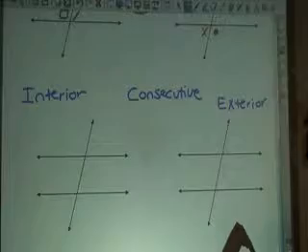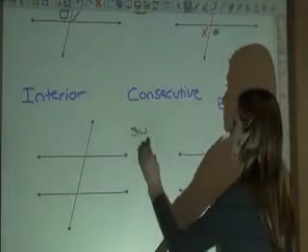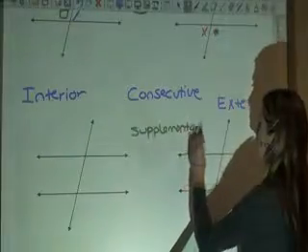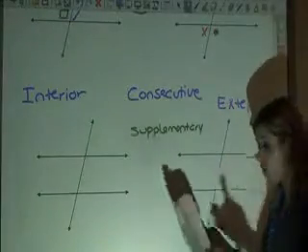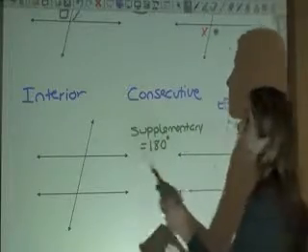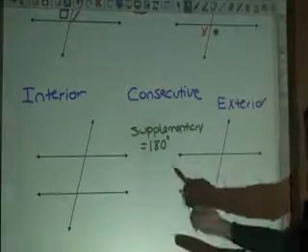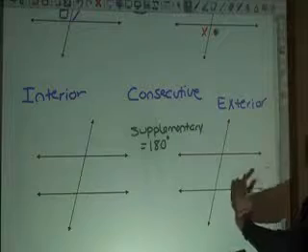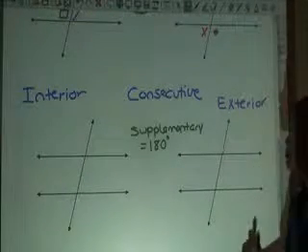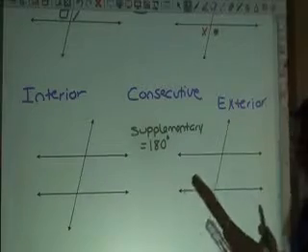They are supplementary. And we remember that supplementary means equal to 180 degrees. That might not have been mentioned in the last vocab that we talked about, but you need to know that consecutive interior and consecutive exterior angles are not equal to each other. They are equal to 180.